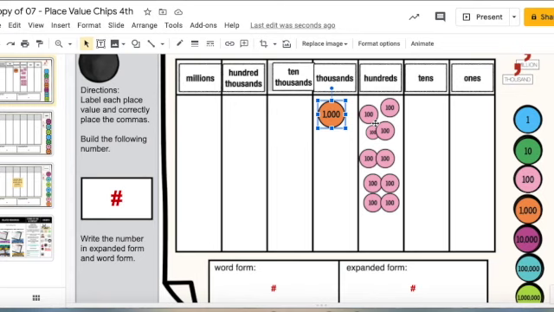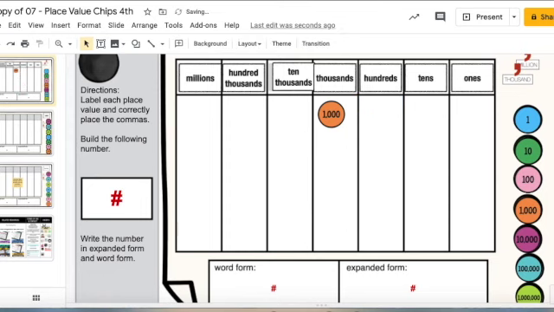What pattern did you notice? What was happening every time we moved up a spot on the place value chart? Every time we moved to the left, what was happening?